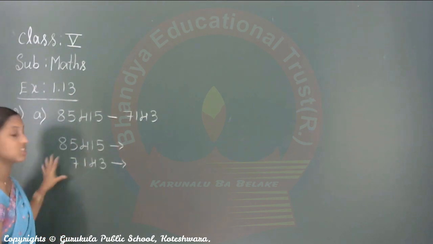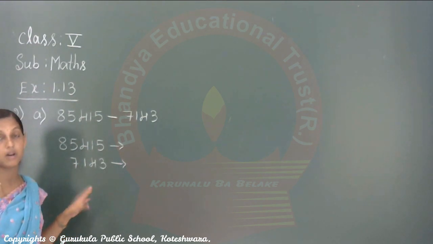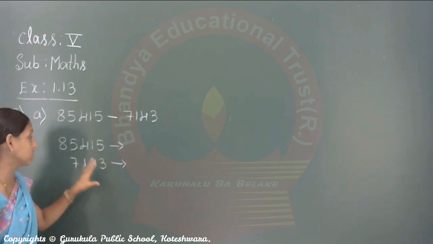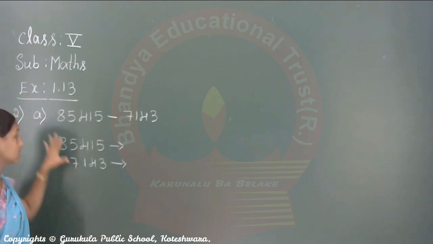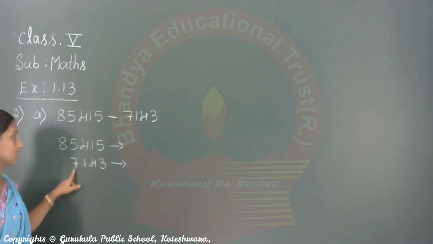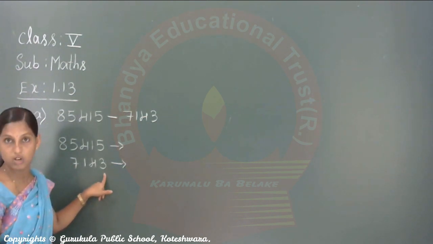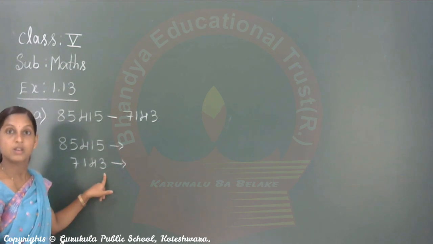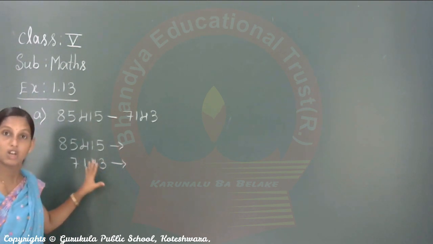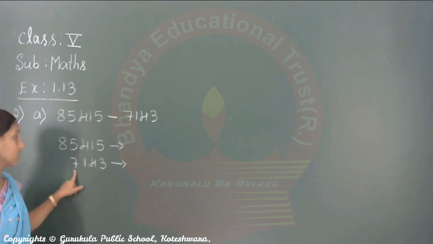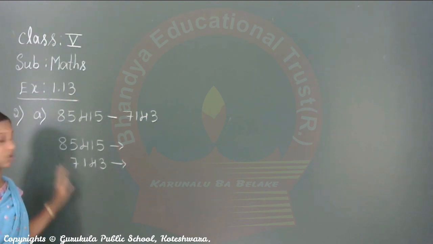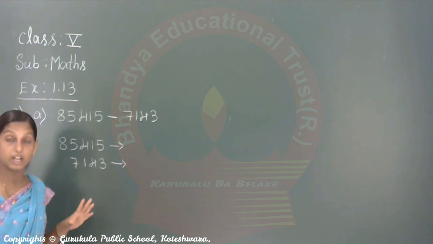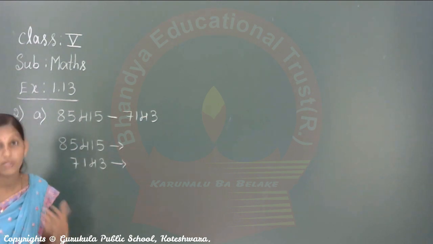See which is the smallest number, or which number is having the smallest place value. Which is the smallest number? That is 7,143. It is having the smallest place value, that is thousands place. Here 10,000 place. So both the numbers we need to round off nearest to 1000.